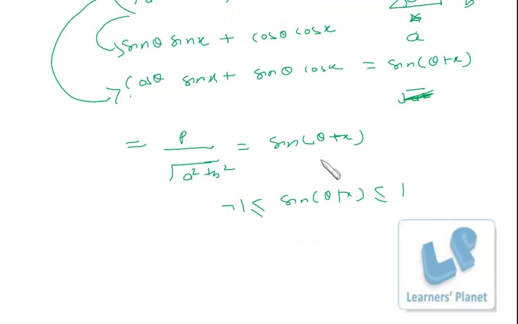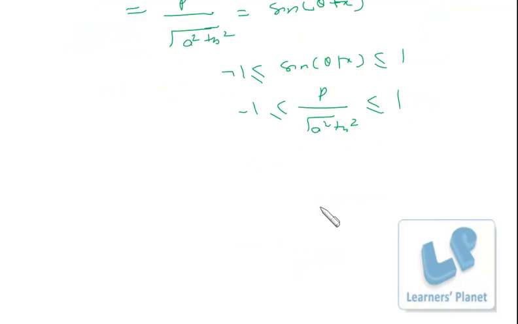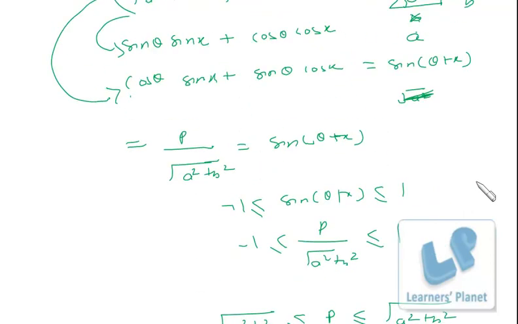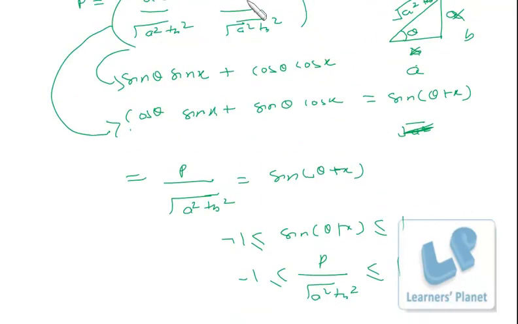Here sine of theta plus x is p upon root of a square plus b square, so that is less than or equal to 1 and greater than or equal to minus 1. That means p is greater than or equal to minus root of a square plus b square and less than or equal to root of a square plus b square. Now what was p? That is a sin x plus b cos x.